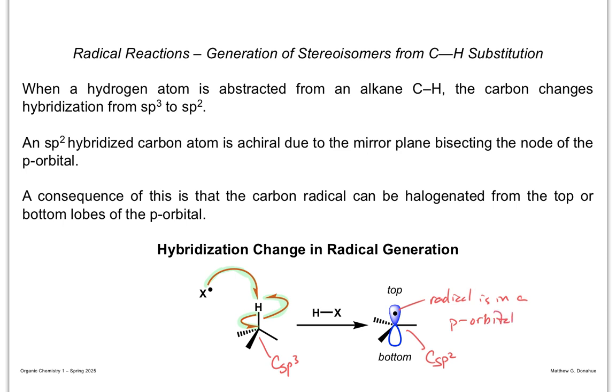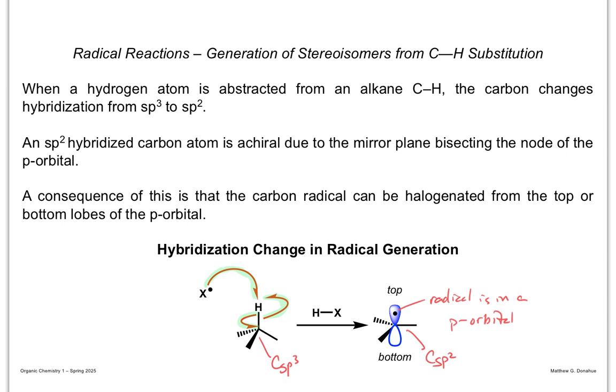Now keep in mind the p orbital has two lobes, right? So I'm limited by the drawing of what this is showing you. There's the single electron, even though on this drawing it's located in the top, really it's in both of those lobes at the same time equally. So it's distributed amongst that p orbital.